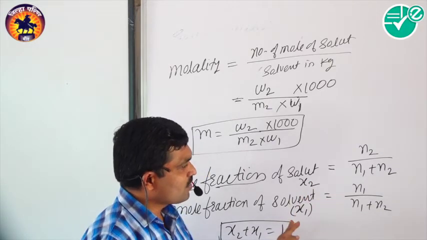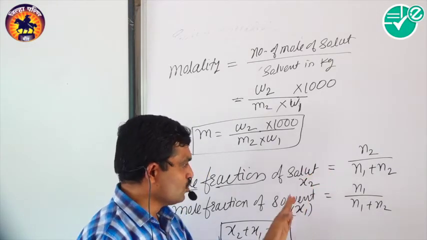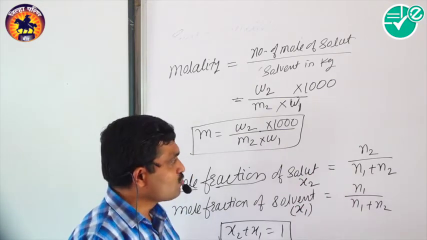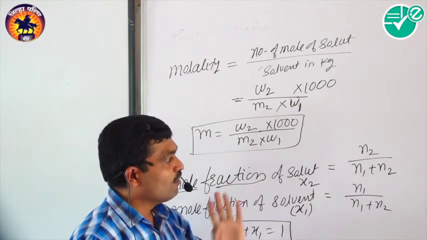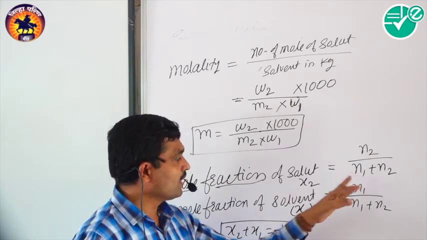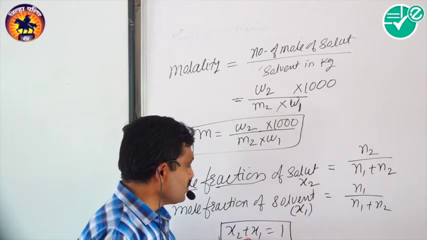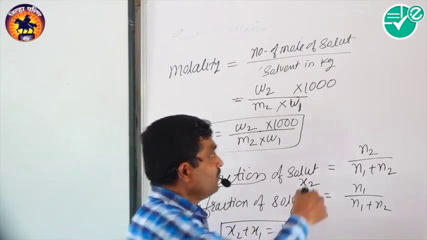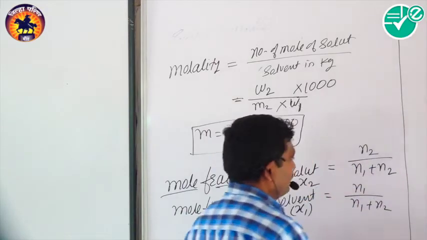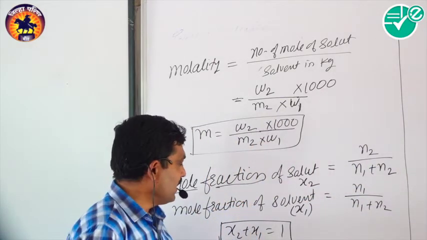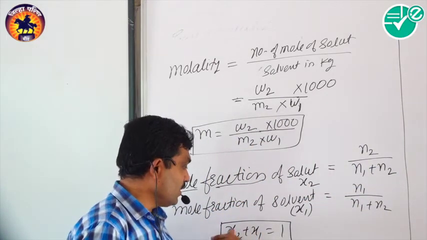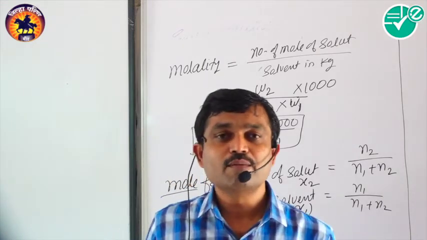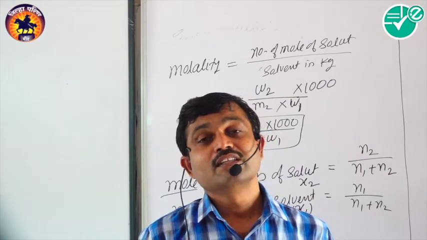Everything cancels and it becomes 1. We are not giving the derivation here, but you can easily work out how x2 plus x1 is equal to 1.